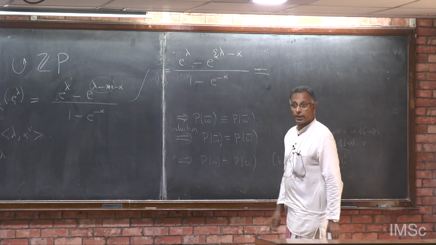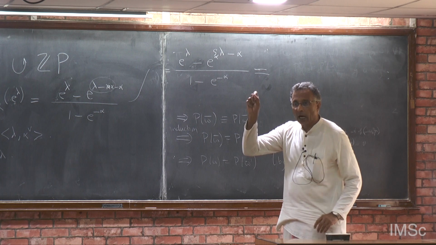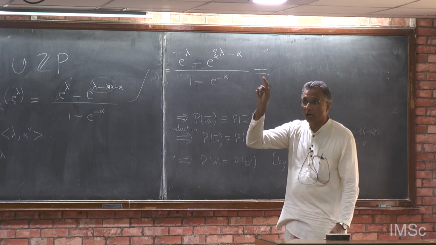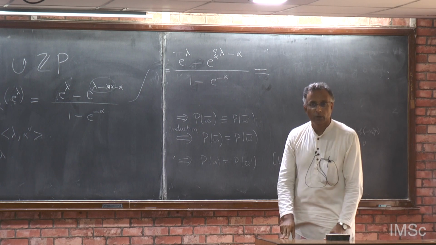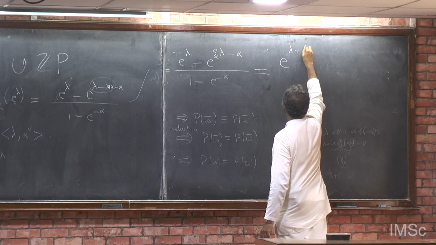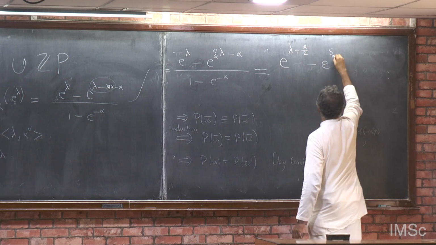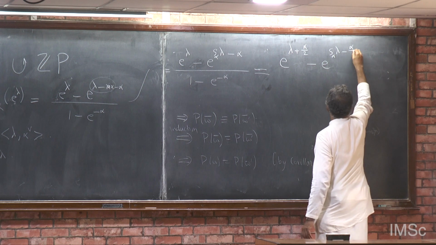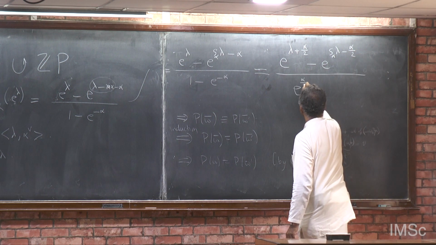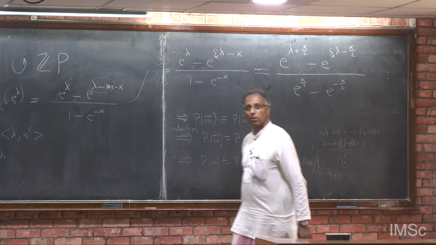So, you can also rewrite this. Let us multiply both numerator and denominator by e to the alpha over 2. If I do that, then I get e to the lambda plus alpha over 2 minus e to the S alpha lambda minus alpha over 2, divided by e to the alpha over 2 minus e to the minus alpha over 2.